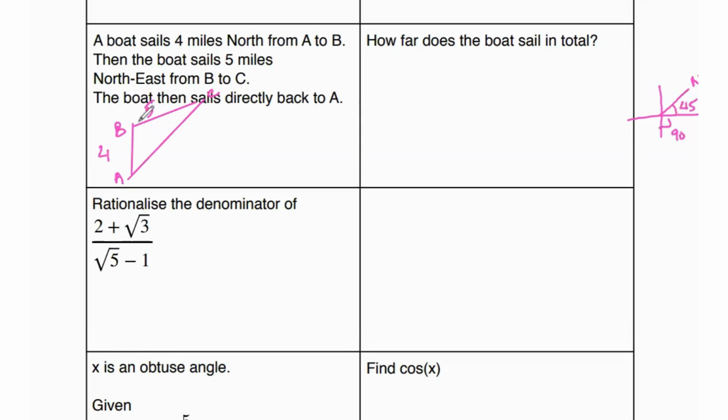So 90 plus 45 is 135. So this angle is 135. And since we have two lengths and the angle between them, we can easily use cosine rule to find AC. If it was a right angle triangle, then we could have used SOHCAHTOA or Pythagoras. But since it's a non-right angle triangle, we'll use the cosine rule.